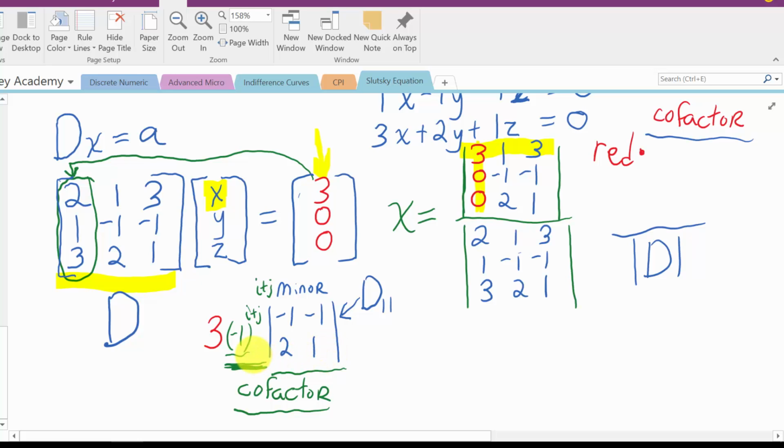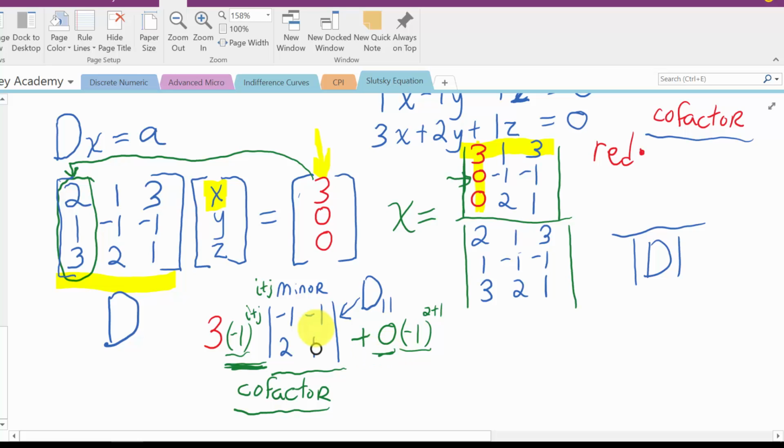All right. Now that we've got that out of the way, things are going to flow much more easily. So 3 times that plus 0 times, now we need -1 to the i plus j. Now this 0 is in the second row, first column. So that's to the 2 plus 1. That's going to be an odd power, 3. So that sign is going to matter here. It's not really going to matter because we're multiplying it all by 0.